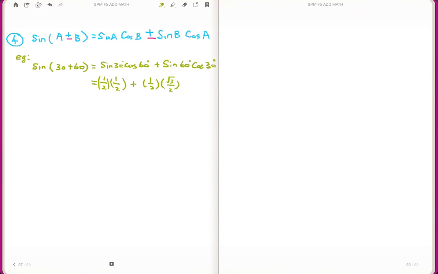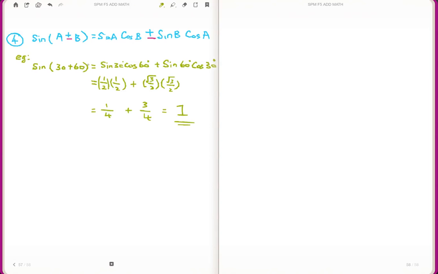Cos 30 is root 3 over 2, correct? Sine 60 is root 3 over 2. Sorry, I made a mistake. It's root 3 over 2. So you multiply it out: 1 over 4 plus 3 over 4, therefore it equals 1. Sine 60 is actually equal to 1.